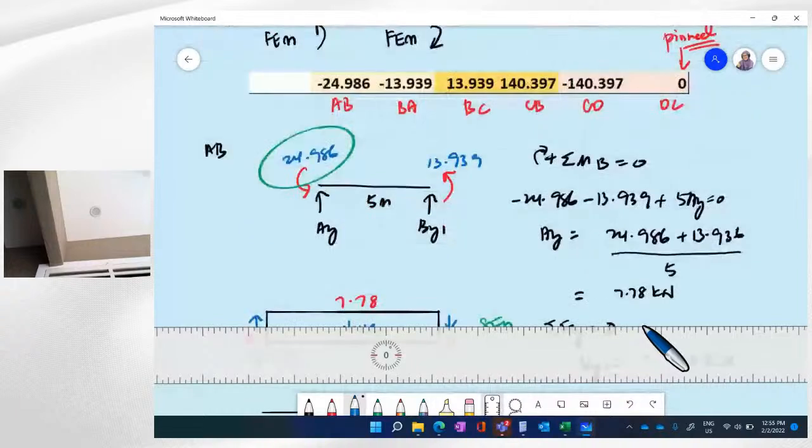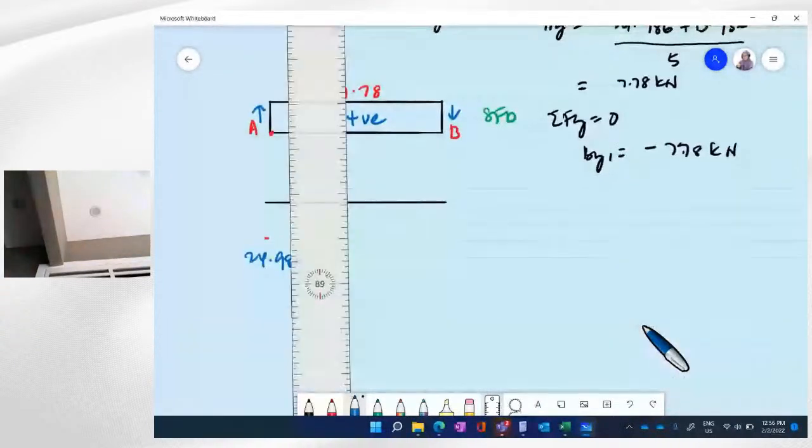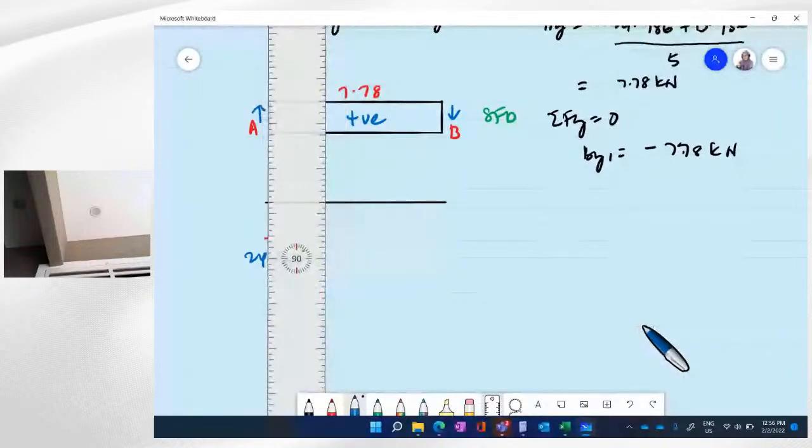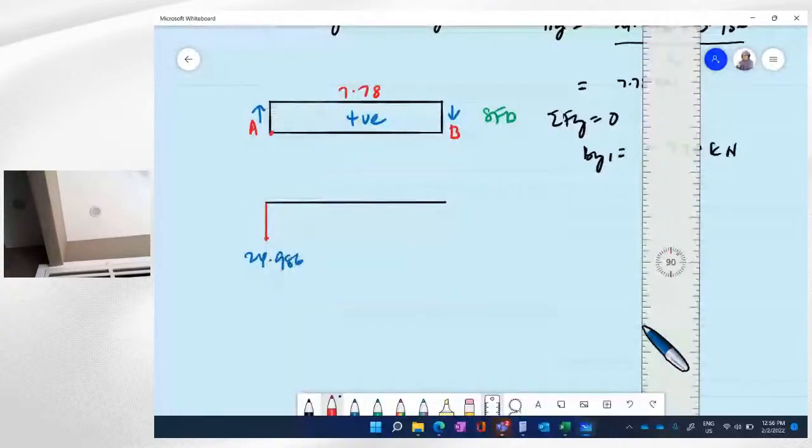Okay, so like this. And then we have to plus with the area because this is plus. Because this is plus, so we have to plus the area.